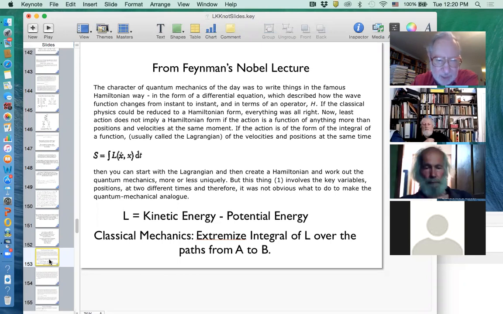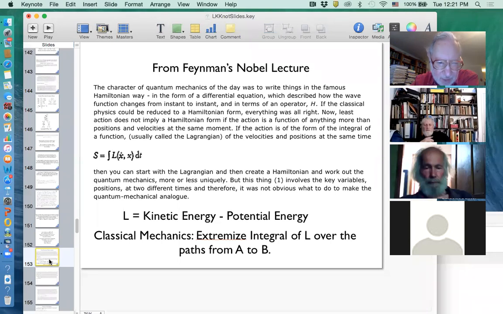And classical physics, I'm not reading from him, I'm talking, turns out to extremize the integral of the Lagrangian. So you can get Newton's laws and other classical things from extremizing the integral of the Lagrangian over all paths that go from one point to another.